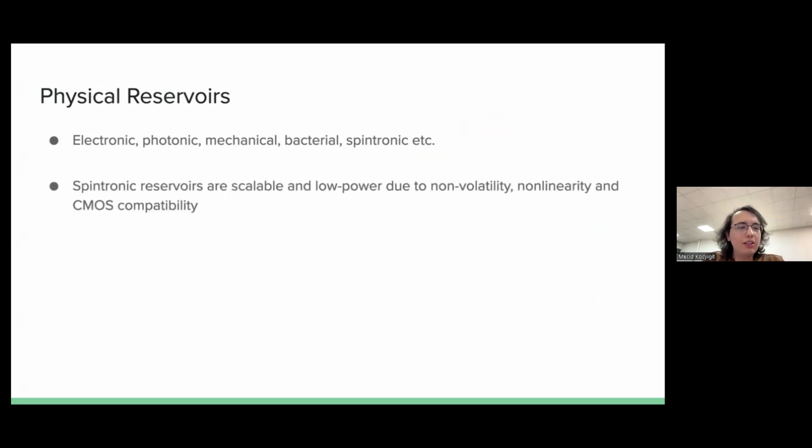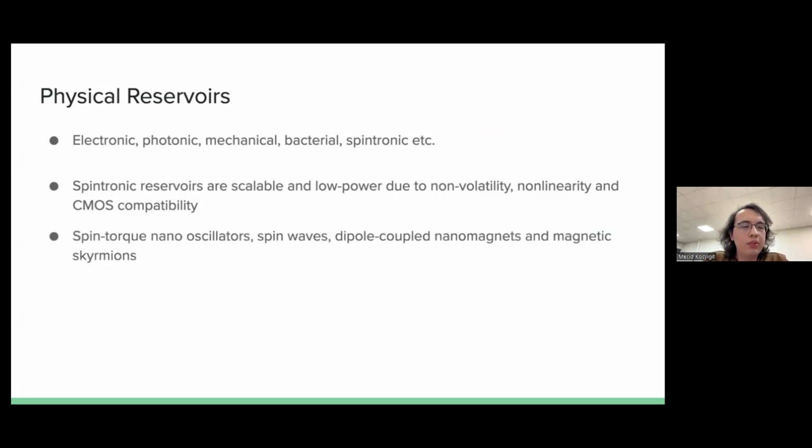Among these, spintronic reservoirs are appealing for scalable and low-power physical implementations of reservoir computing due to their non-volatility, non-linearity, and CMOS compatibility. In the spintronic realm, spin torque nano-oscillators, spin waves, dipole-coupled nanomagnets, and magnetic skyrmions have been proposed for realizing these physical reservoirs.